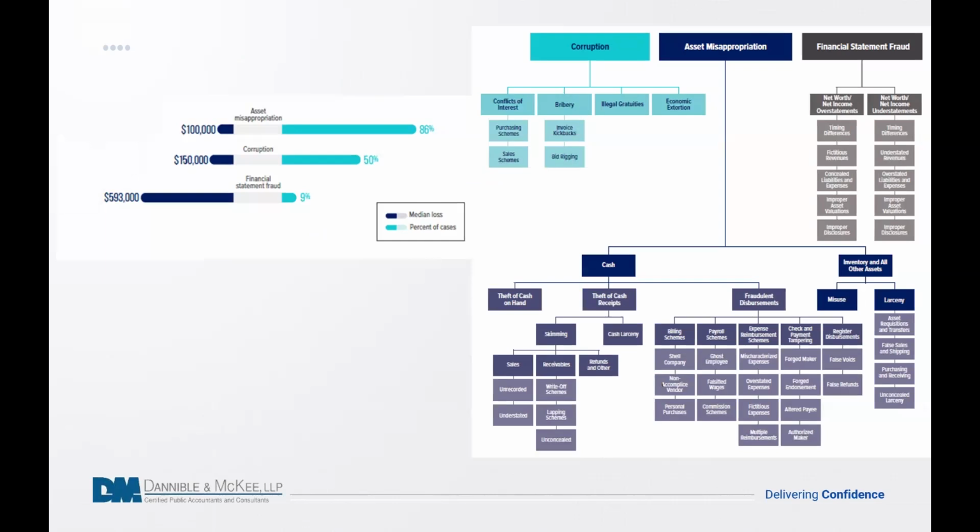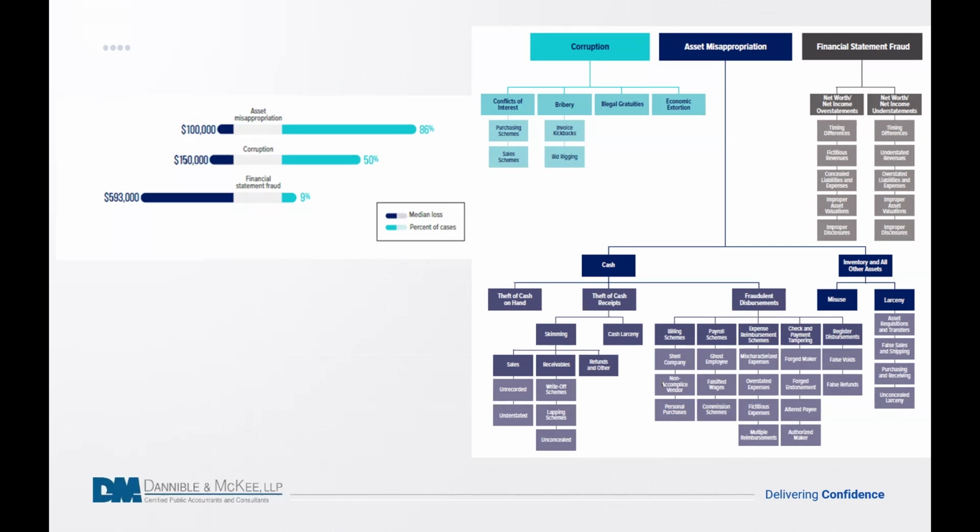And here again is another good example that I thought just shows all the different types of schemes that can go on in the different categories we just went over. Starting with corruption, you have the conflict of interest, bribery, economic extortion, purchasing schemes, invoice kickbacks, asset misappropriation.